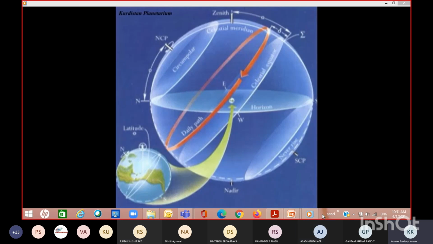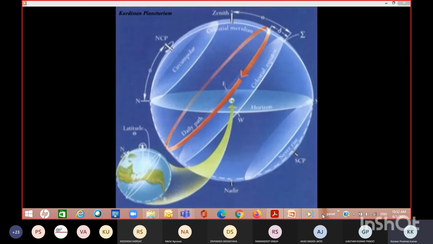Okay. You can see the red circle. What do you think is the red circle? It is written daily path. It can be any heavenly body, maybe the sun.